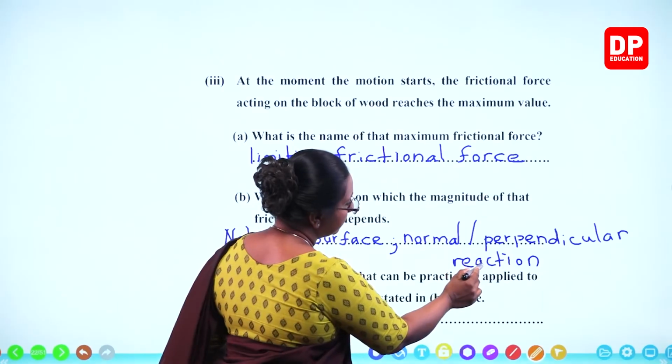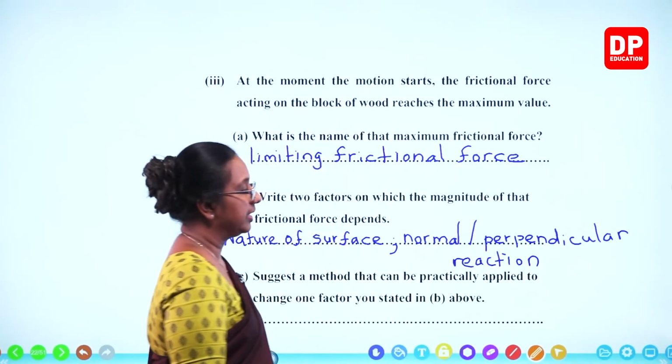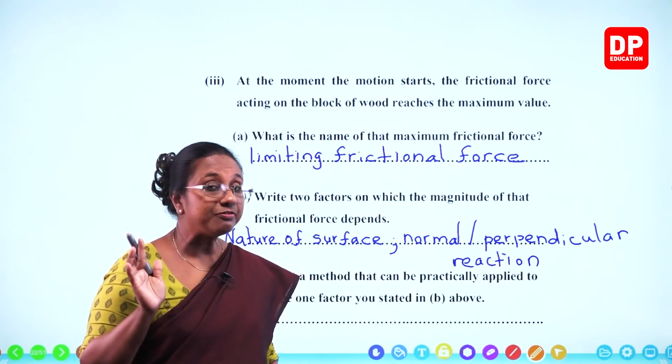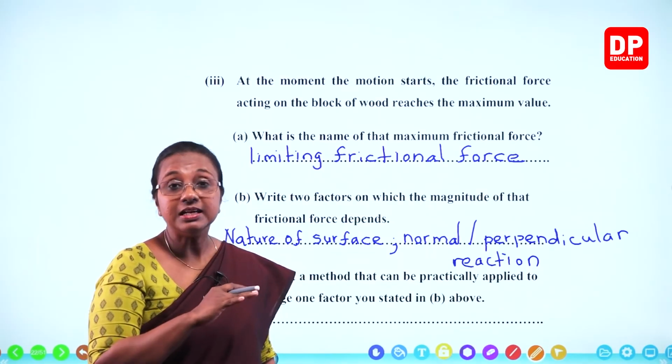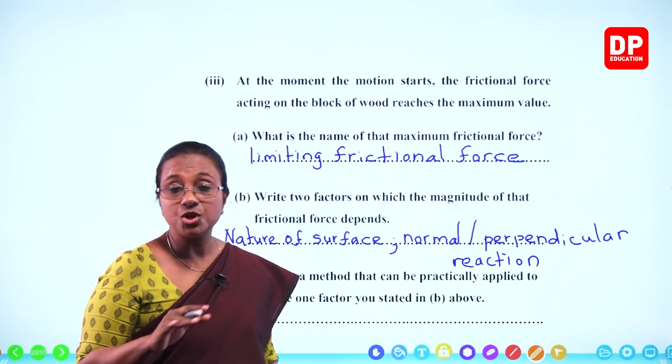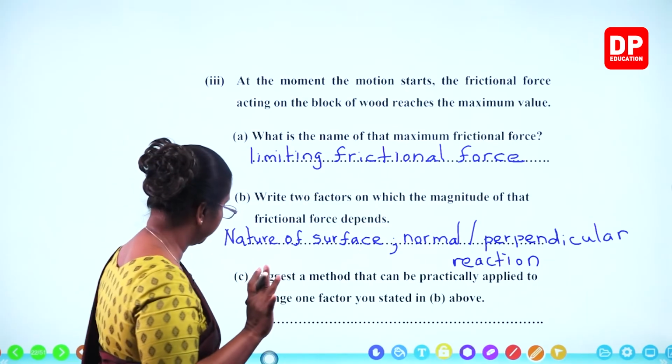You can either write it as normal reaction or perpendicular reaction. And you all have to keep in mind, students, the surface area does not affect the limiting frictional force.